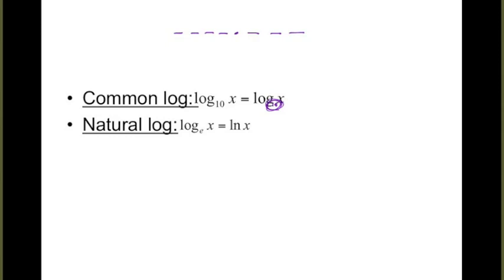The other kind of log that a calculator can evaluate is what's called a natural log. A natural log has a base of e, but instead of writing it as log with a base of e, we give it a new name, and we call it ln, which stands for natural log, but it's backwards because it's in like Latin, so it's like log natural. It's called the natural log because it actually occurs a lot naturally in nature and in science.